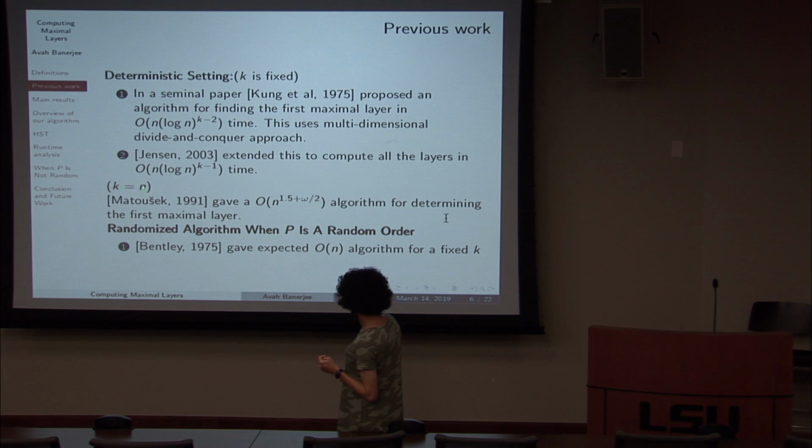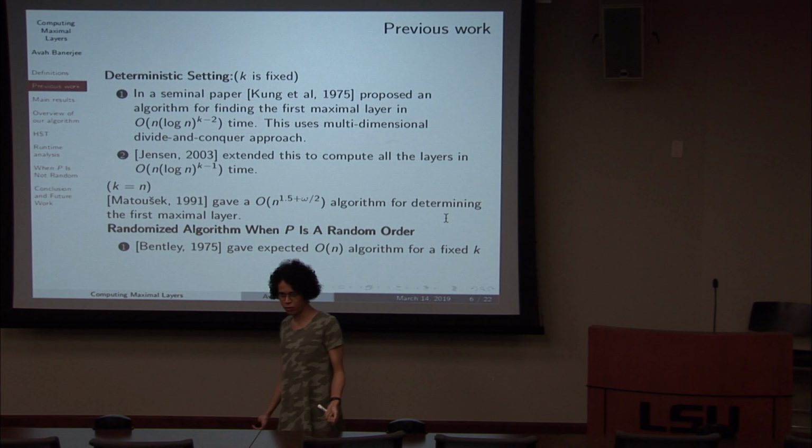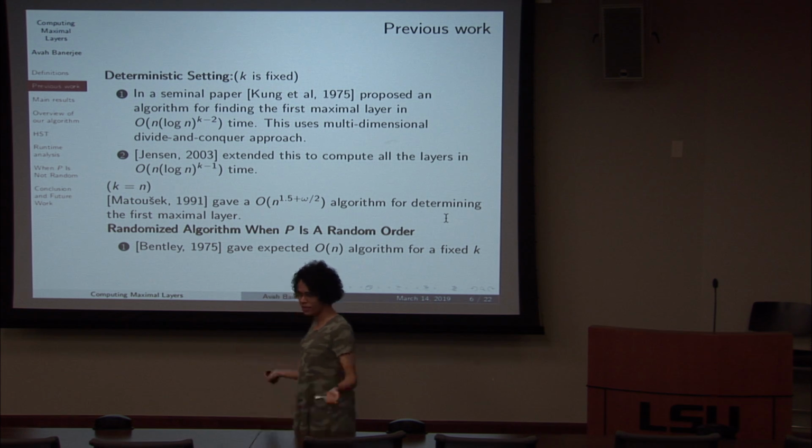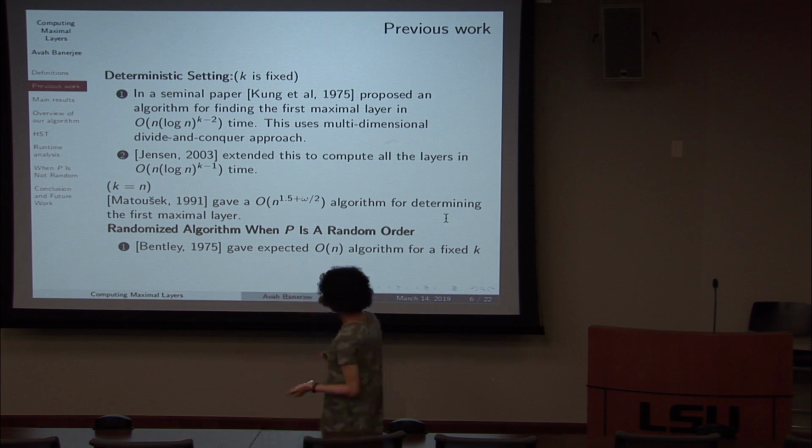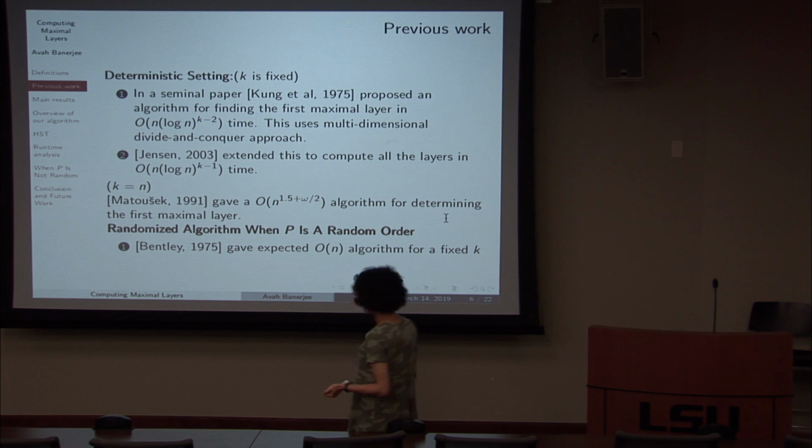if k is not fixed, suppose the number of dimensions is equal to the number of points. So you have n points in n dimensions, which is very odd. But if you do have it, you have this algorithm, which runs in roughly n to the power of 1.5 plus omega over 2.